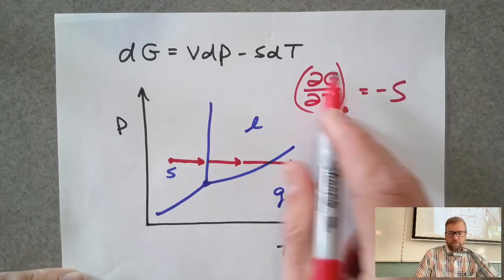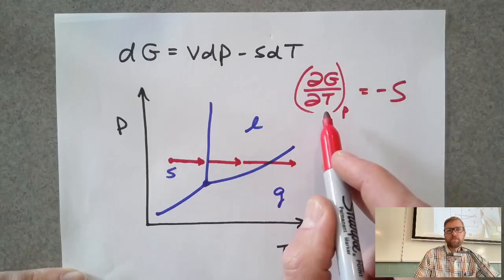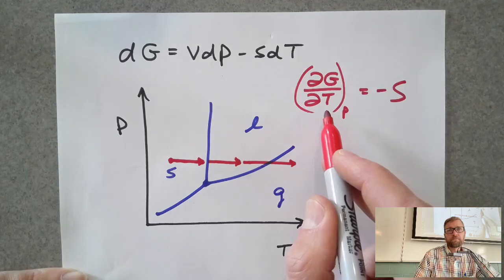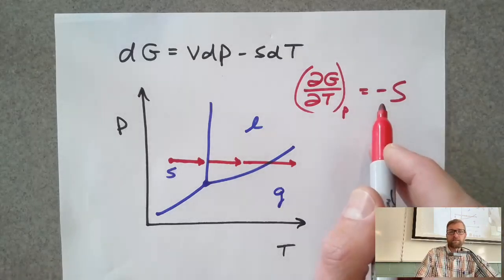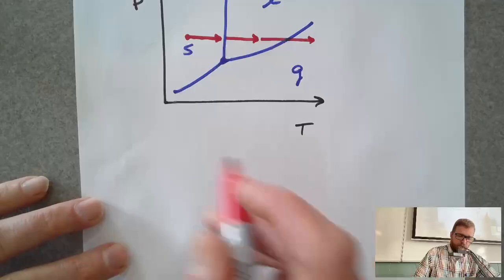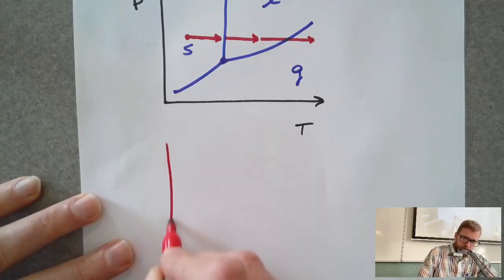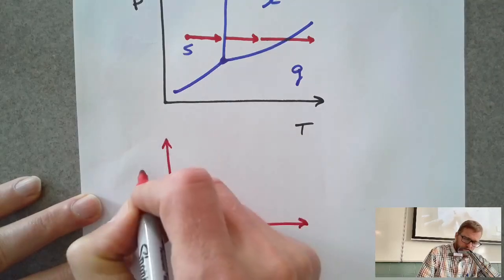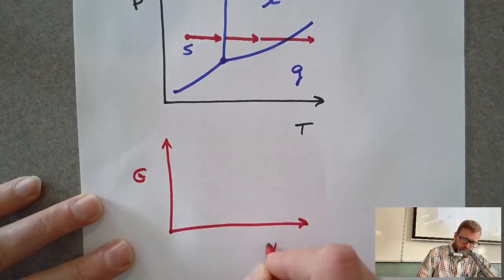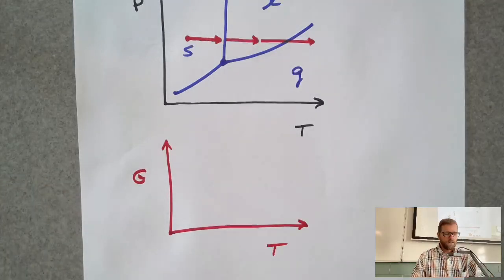So what does that mean about this slope? Is this slope dG/dT positive or negative? It's got to be negative, because I have a negative of a positive number, which is negative. So if I want to graph out G as a function of T, then I'm going to get negative S. Before we do this, we're going to sketch it out qualitatively.